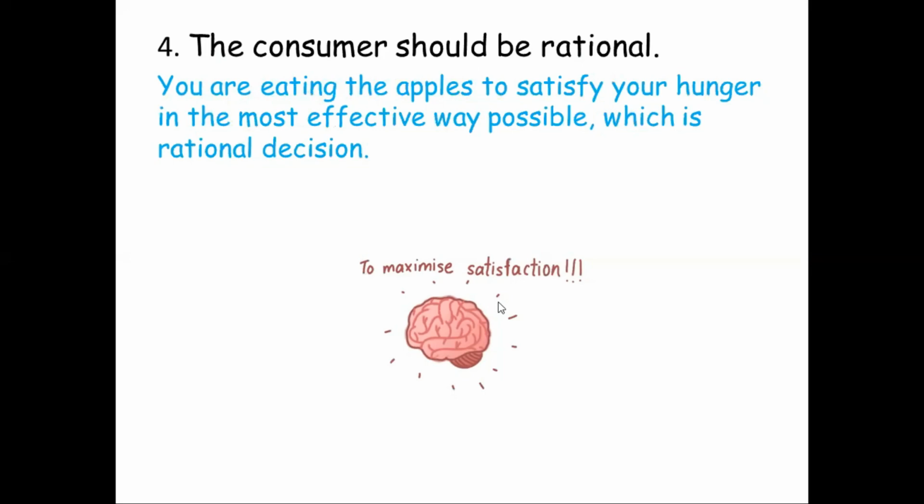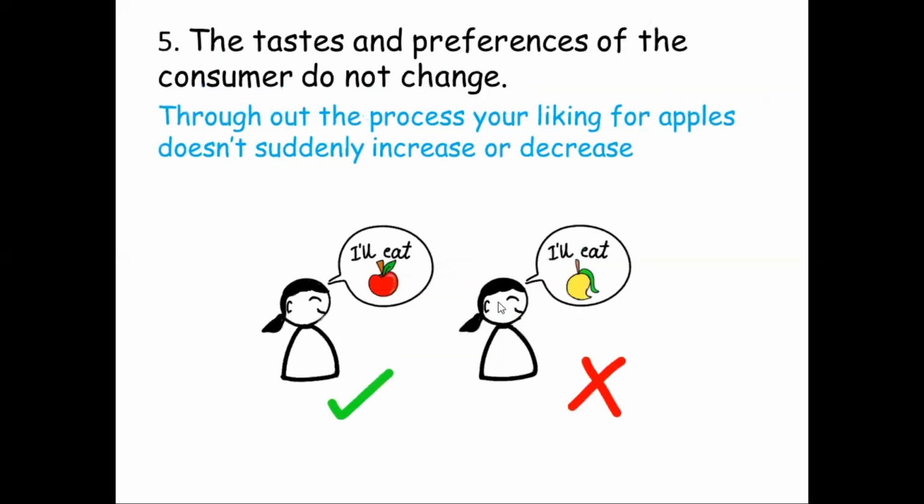The next assumption is the taste and preference of the consumer do not change. Throughout the process, your liking for apples doesn't suddenly increase or decrease. Now, it is quite hypothetical that our preferences do change, but here, suppose a girl has planned to eat apples and she'll stick to eating apples no matter how much the diminishing rate of utility to her is.